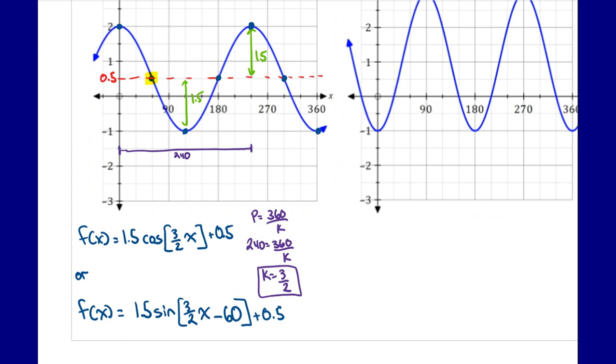And again, the reason that it's minus is because in our base function, or our general function for transformations, it was x minus our c value. So if it's a positive, x minus a positive is a negative. The other thing is, does our sine wave start by going down and then up, or up and then down?